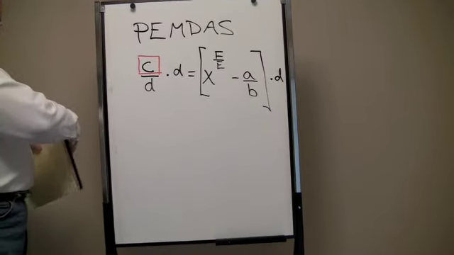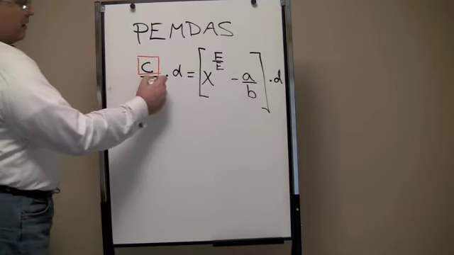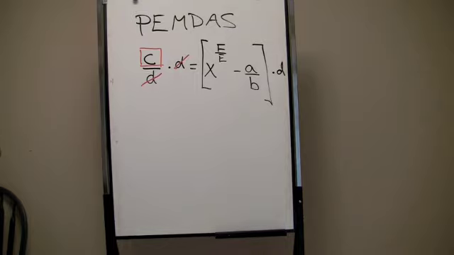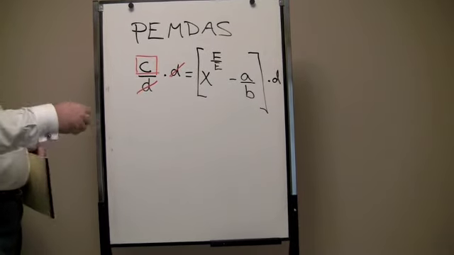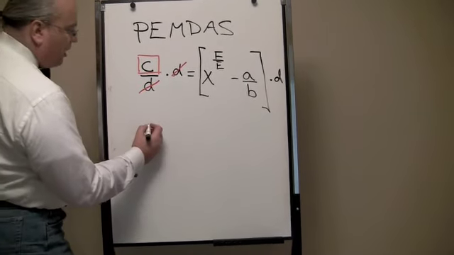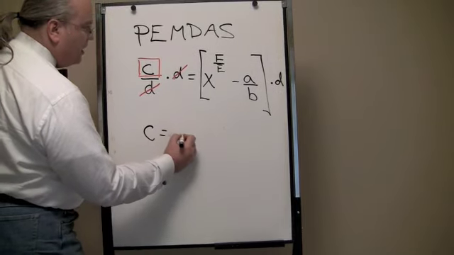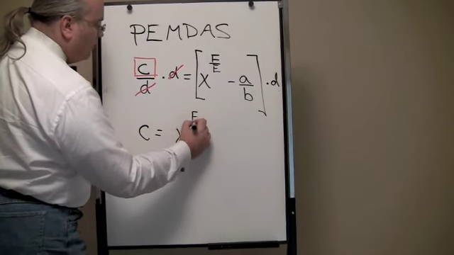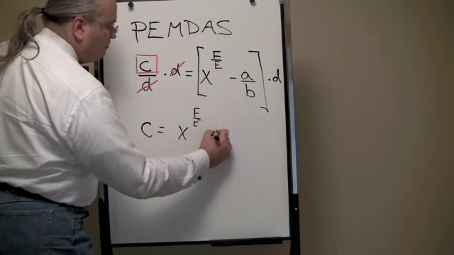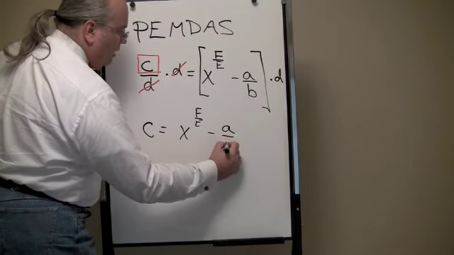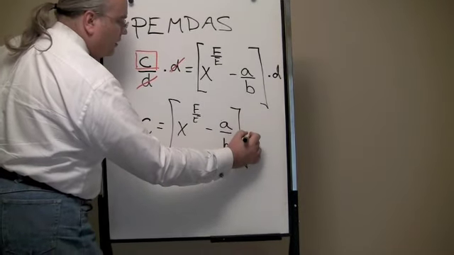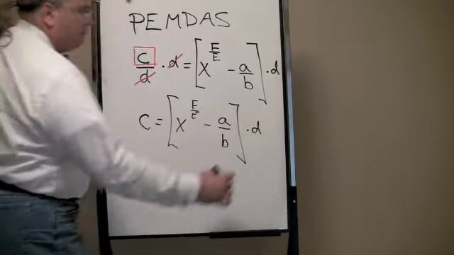When we do that, the d in the denominator gets cancelled by the d in the numerator, and we're left with our desired result that c is equal to x raised to the power f over e minus a over b, all of this multiplied by d.